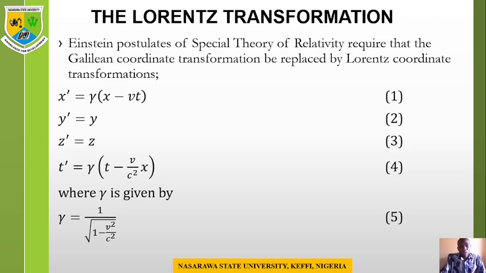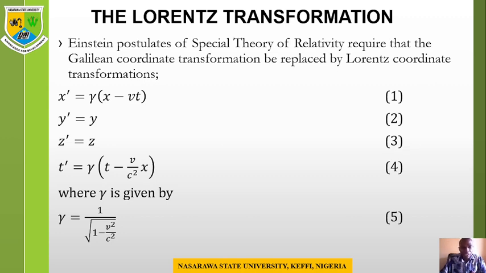So Einstein's postulate of the special theory of relativity required that the Galilean coordinate transformation be replaced by the Lorentz coordinate transformation. Of course, coordinates, just see it as a space defined by the Cartesian coordinates, that is x, y, z.